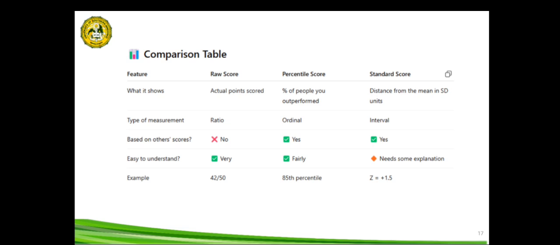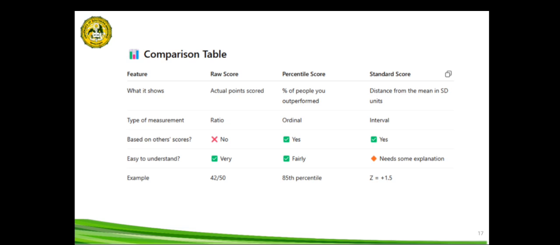That means that you are above 85% of your peers, or 85% of your fellow students. And we have here the standard score, which is the distance from the mean in standard deviation units. And for the type of measurement, under the raw score, we have the ratio. In percentile score, we have the ordinal. And in standard score, we have the interval.